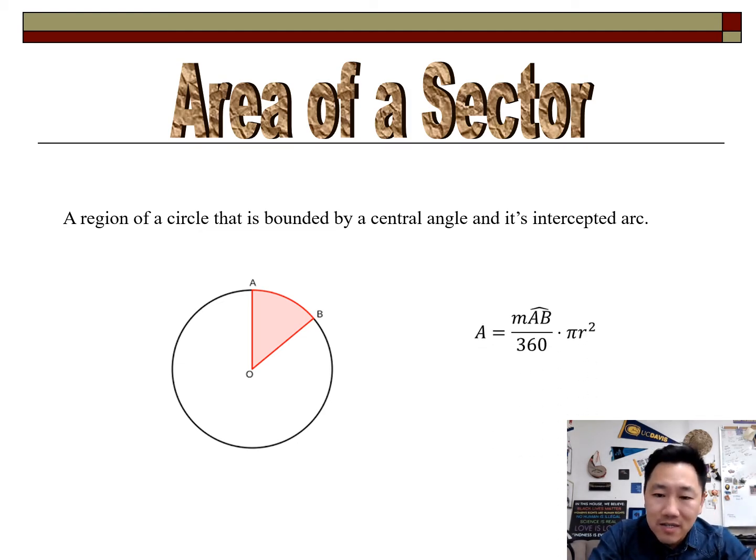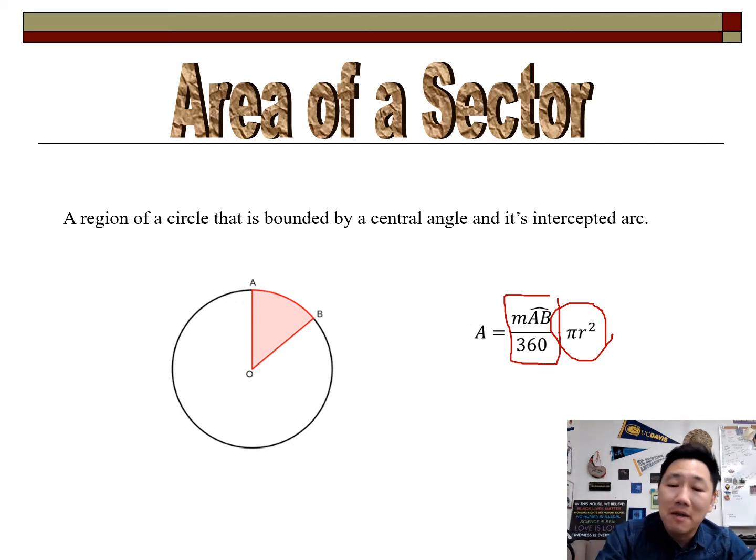This part is the area of a circle, pi r squared, and this part is the fraction that we want. The m arc AB stands for the measurement of arc AB. That measurement is also the same as the central angle right here. So it's that angle divided by 360 and then times the area of the whole circle.